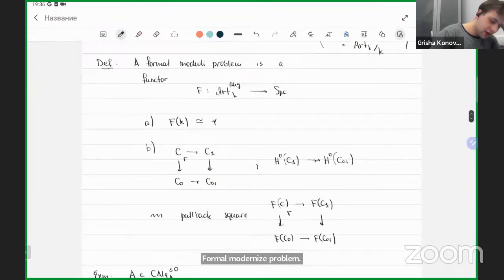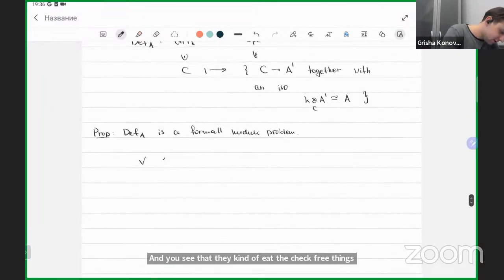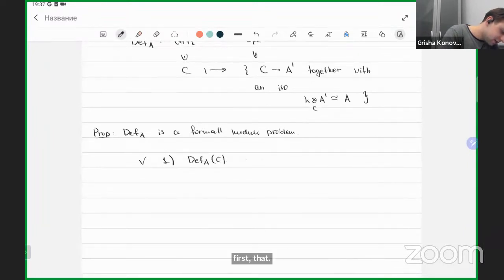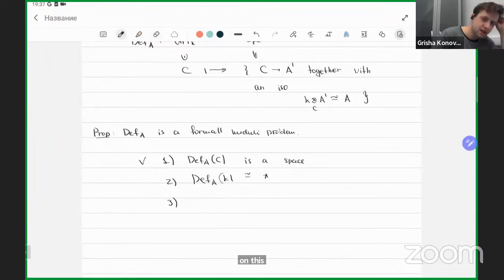And you see that we need to check three things. First, that Def A of C is a space. Second, that this one is contractible, and this is actually obvious. And third is the big condition, that it sends certain pullbacks to pullbacks.